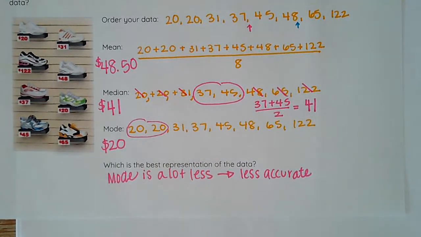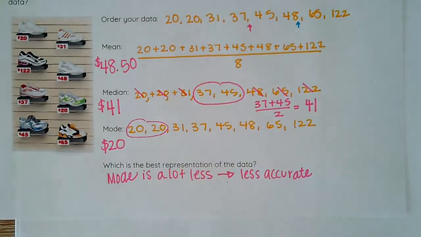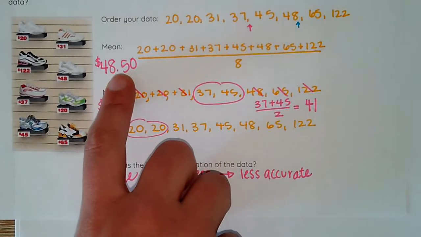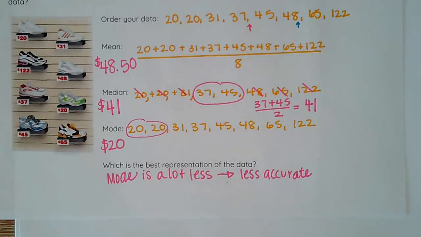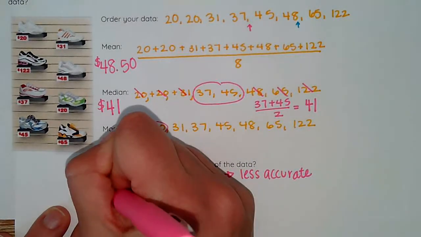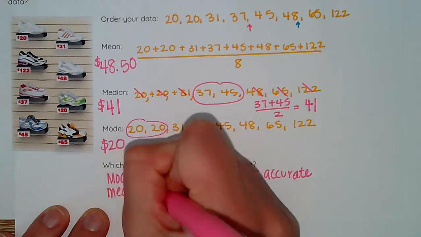So if I were to tell you that the average, the typical shoe price at this store was $48.50, you might think that's a little high, when in fact there are shoes that are less money. So that can kind of skew your perception. So I would say that $48.50 is not the best representation of my data either, because it is a lot higher. So the mean is a lot higher.